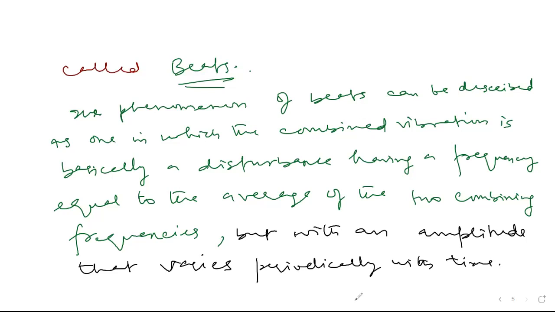Now, the beating effect is most easily analyzed if we consider the addition of two SHMs of equal amplitude, right? So let us do that. So we write x1 equal to a cos omega 1t, x2 equal to a cos omega 2t.